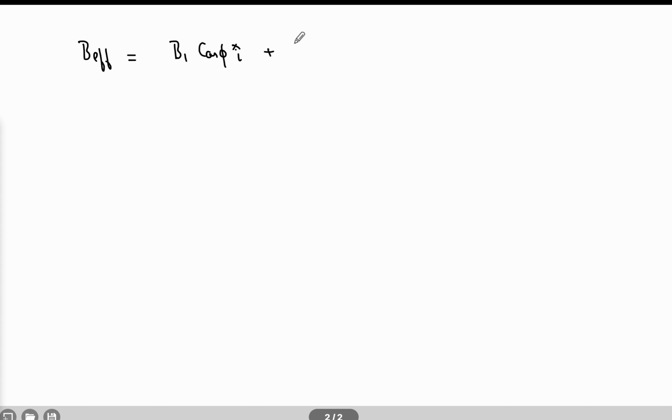In other words, we can write B effective as B1 cos φ i cap plus B1 sin φ j cap plus ΔB0 k cap, right? And now if you want to calculate the magnitude of B effective, this is the vector.